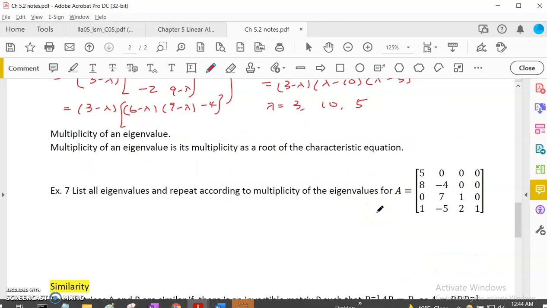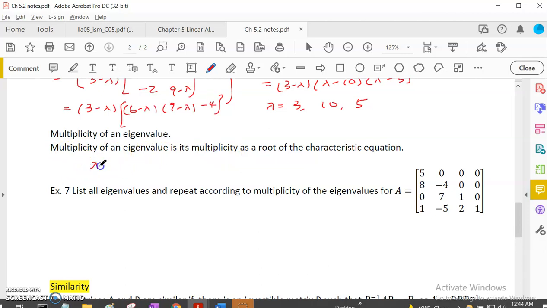The next thing is another term called the multiplicity of an eigenvalue. To find an eigenvalue from the characteristic equation, we have roots, right? So each algebraic root has a multiplicity. That is basically the multiplicity of that particular eigenvalue.